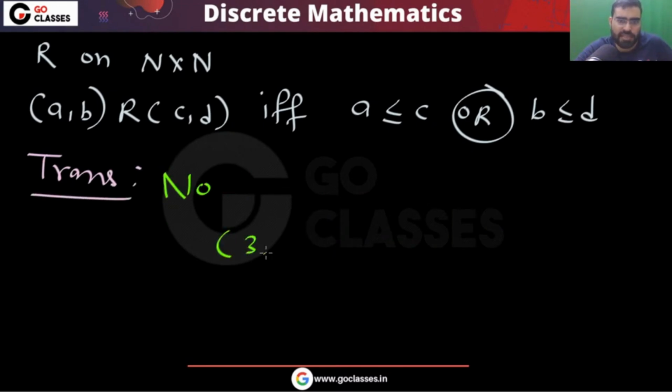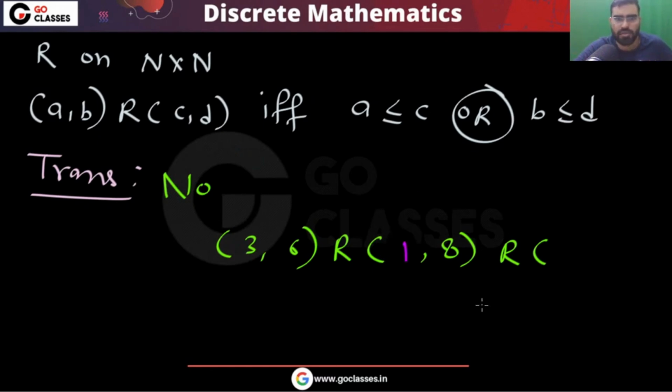You can say that (3, 6) is related to (1, 8), and that is related to (2, 5).